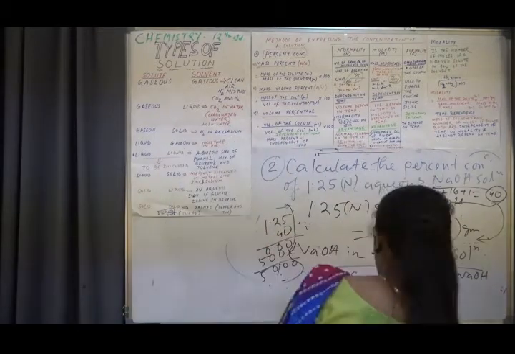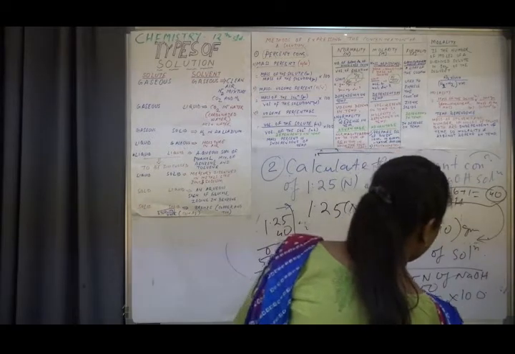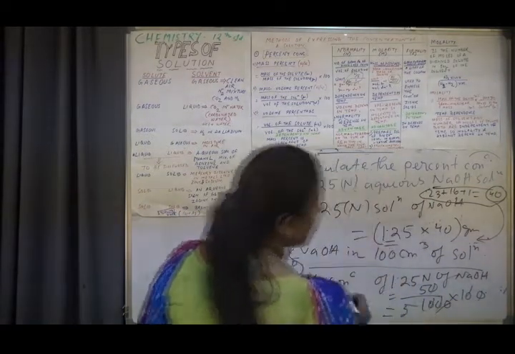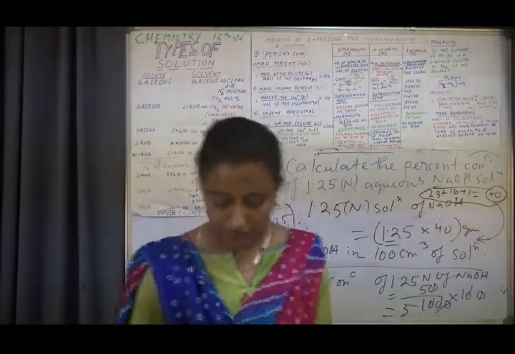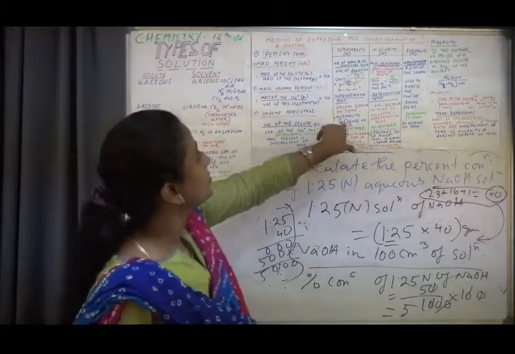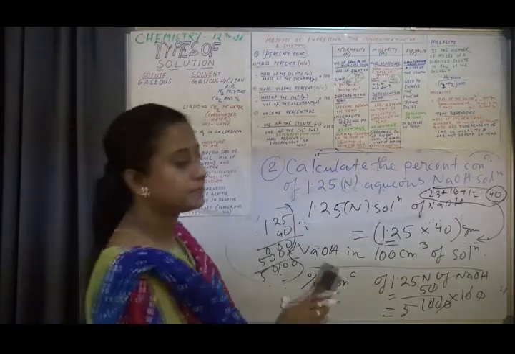So 50 by 1000 into 100. The zeros cancel, it will be 5. So the percentage concentration will be 5. So on these two formulas, I have written two sums.